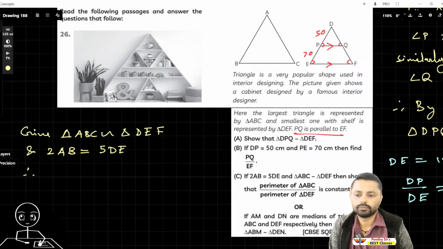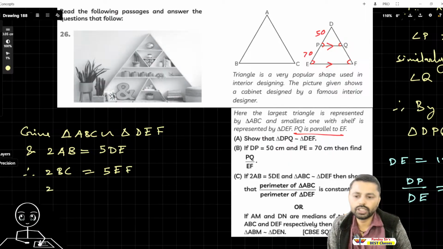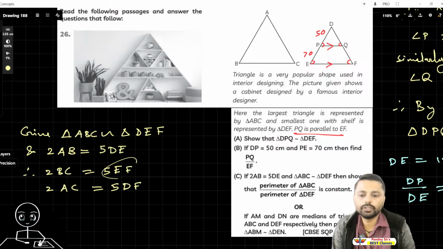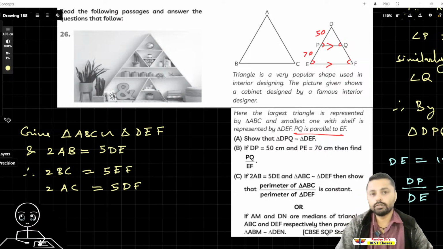Therefore, 2BC will be equal to 5EF. Similarly, 2AC equal to 5DF. Tell me why all 2AB, 2BC will be equal to 5? As I said, they will be in the same ratio.